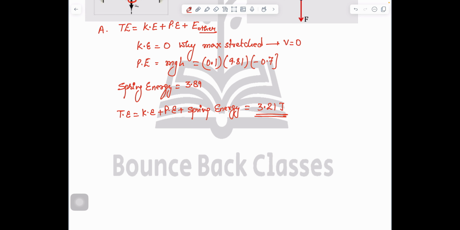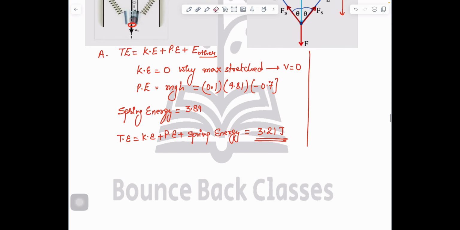And as compared to the previous question, in the previous we have only spring energy. Okay, here we have spring plus potential energy. Yes or no? Fine. Okay, now part B, on which you need to focus.